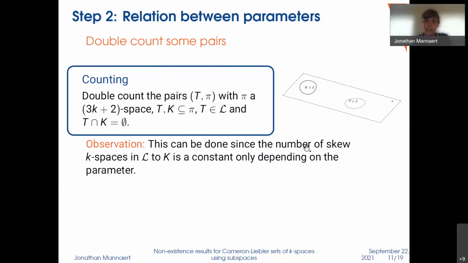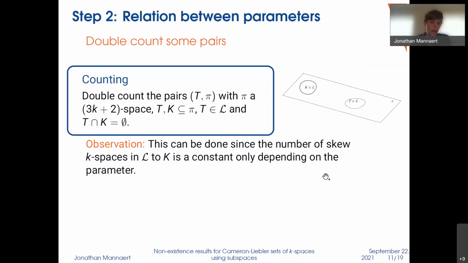And this is a number that we can actually calculate, due to the fact that the number of skew k-spaces inside L to a fixed k-space k is a constant that depends solely on the parameter of the Cameron-Liebler set. And so we have in our double counting a part where we use the parameter x_pi, the parameter of the corresponding (3k+2)-space, and a part where we use the parameter x.